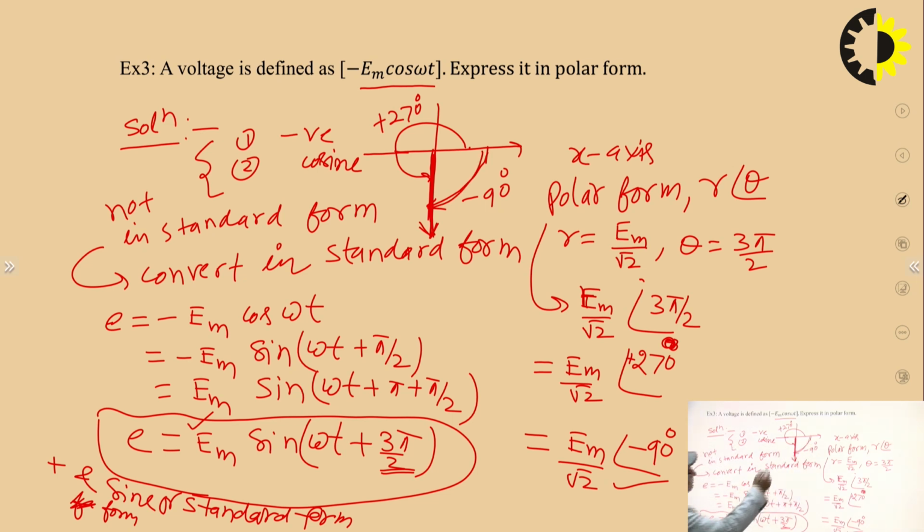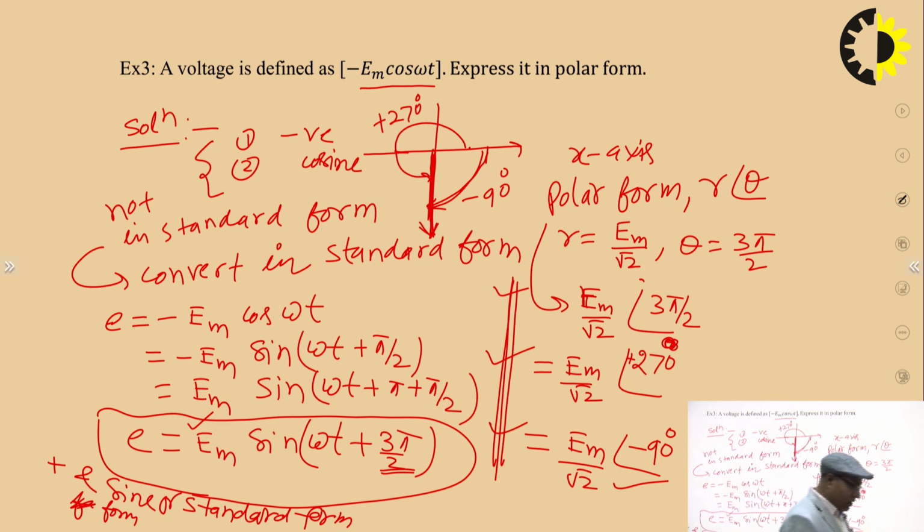In the first case we were measuring the phase angle in the positive direction, and in the second case we are measuring the phase angle of the same phasor in the negative direction, from below the x-axis. That's why we have taken it as negative. So these are the same polar form. The forms are equivalent.